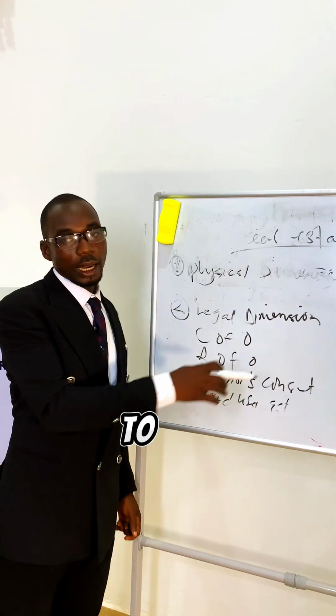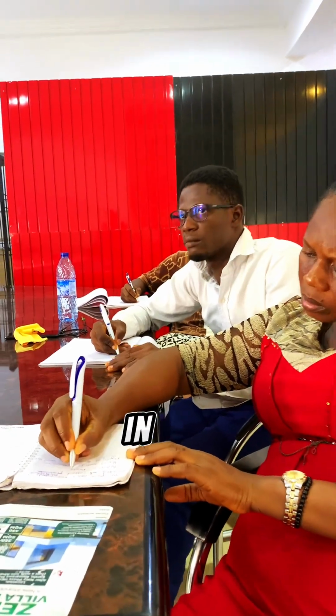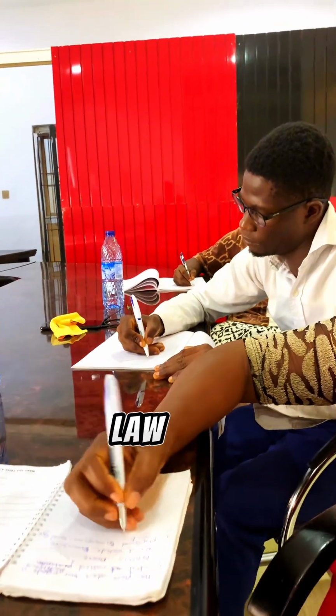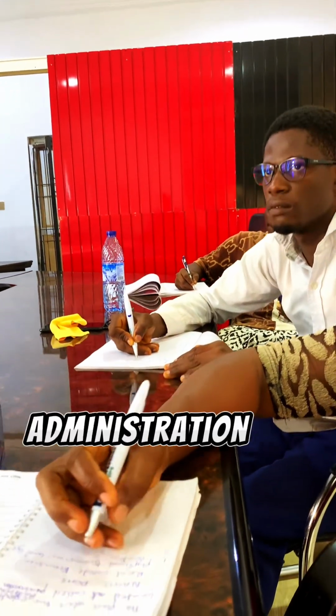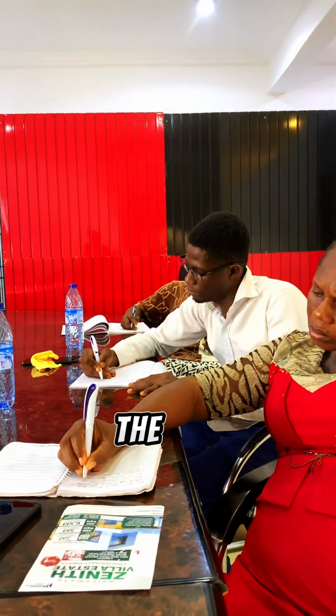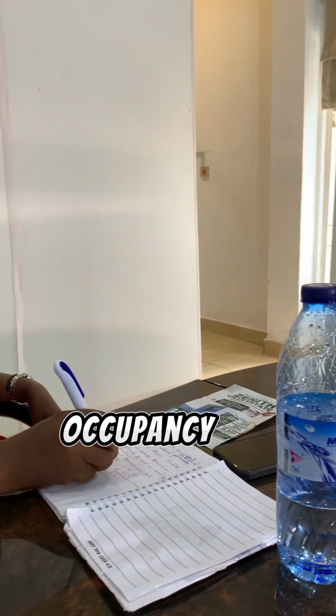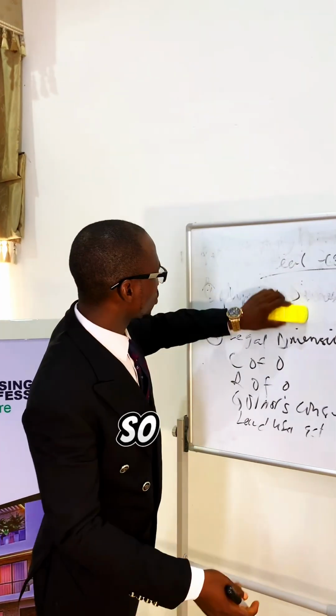And then the Land Use Act, in 1978, is a law that governs all land ownership and administration in Nigeria, which of course means all lands in the state are entrusted to the governor on behalf of the people to allocate to individuals and corporate bodies, which is a certificate of occupancy. Very important.